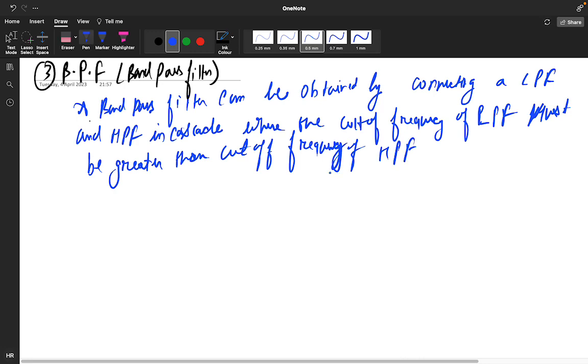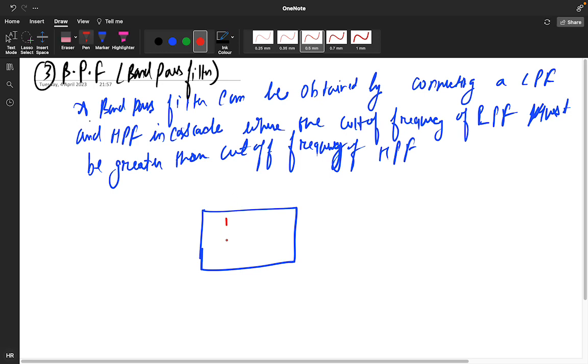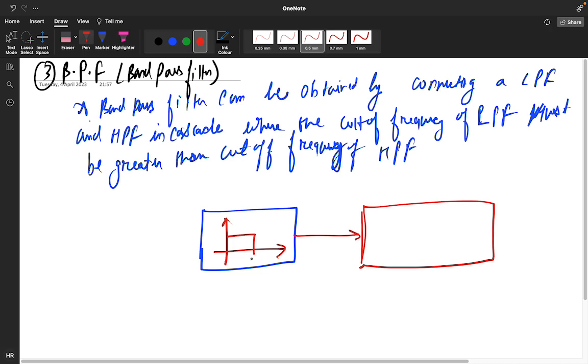Okay, so what results will you get? See, this is your low pass filter, and you are doing cascading with it. Suppose your cutoff frequency is 100 hertz. Okay, so your high pass filter cutoff frequency should be greater than 100 hertz.